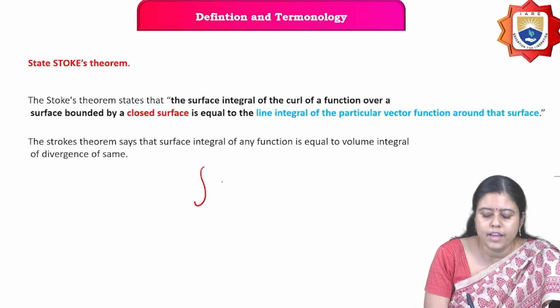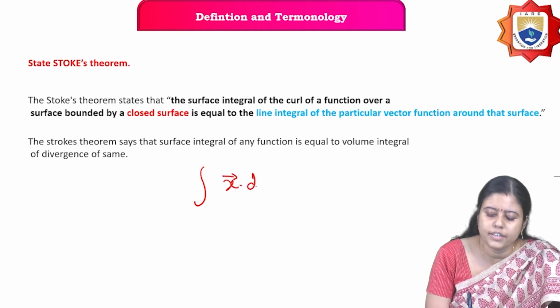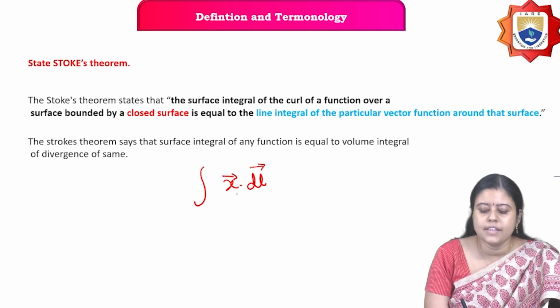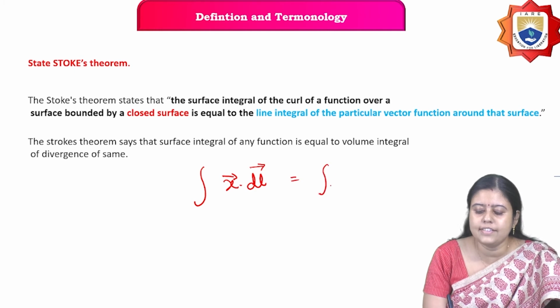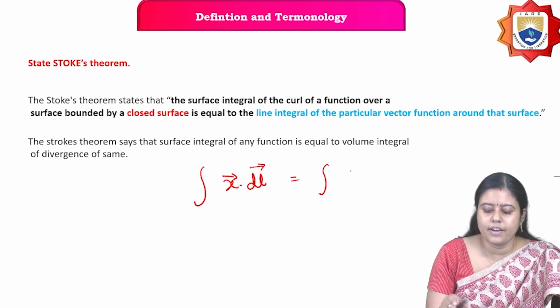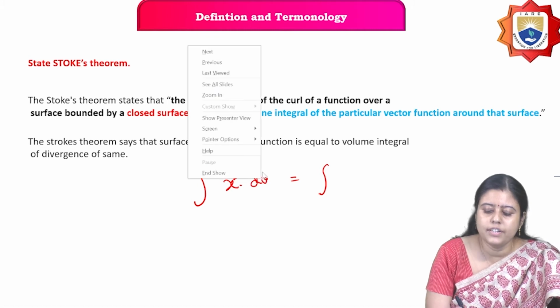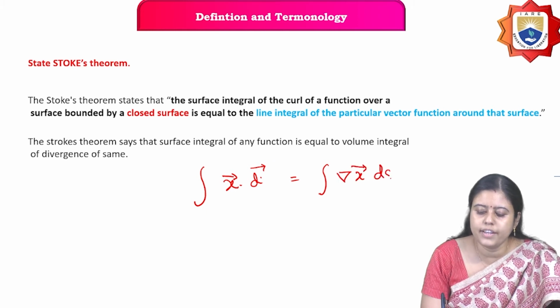It means, say we have a function X dot dl. So X dot dl means this is a line integral. We can change it: we have a volume integral of grad X dv, we can change it to X dot ds.